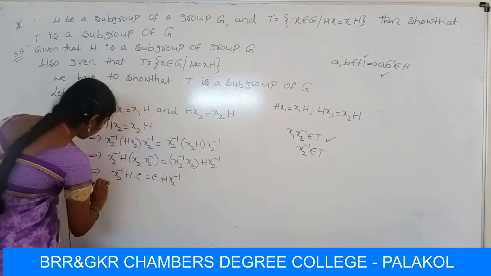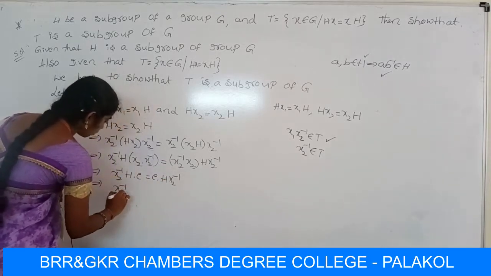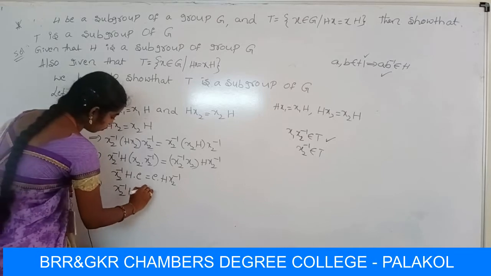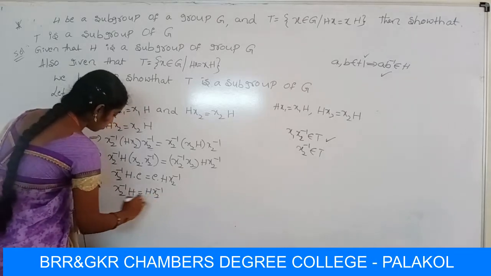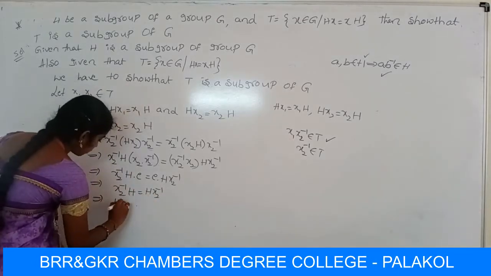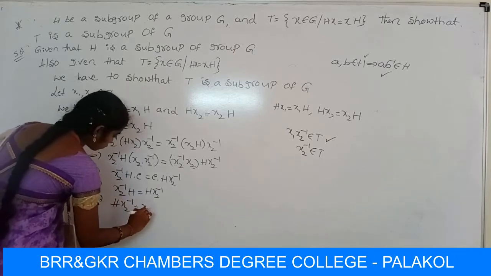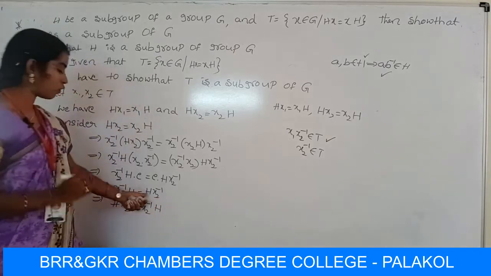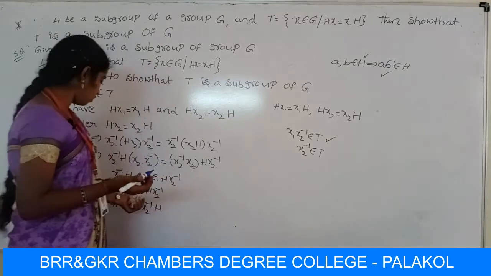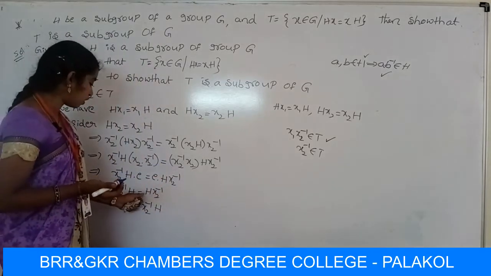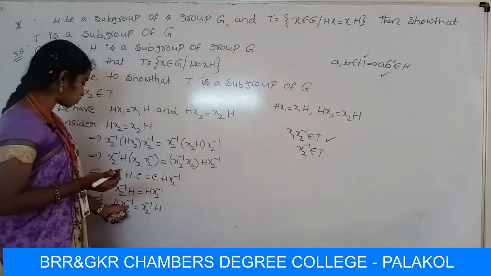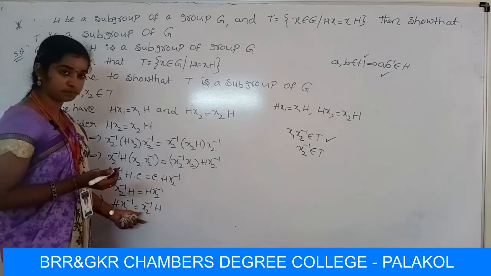E is the identity element. So x2 inverse h is equal to h x2 inverse. So h x2 inverse equal to x2 inverse h. So a equal to b can be written as b equal to a. So x2 inverse h equal to h x2 inverse can be written as h x2 inverse equal to x2 inverse h.